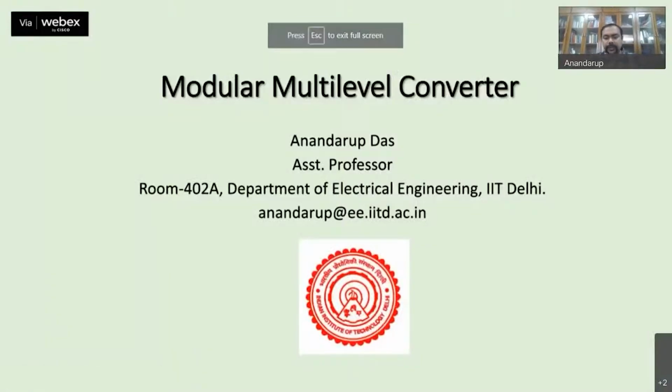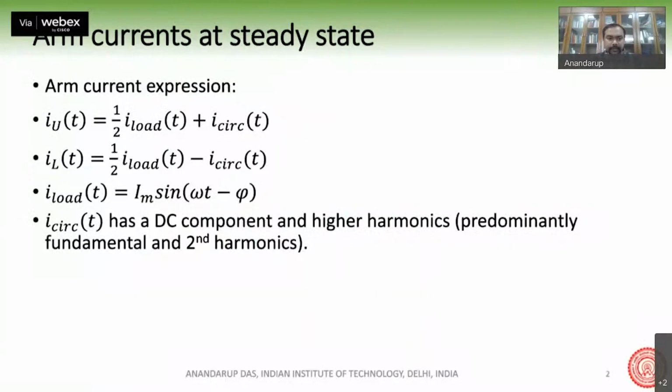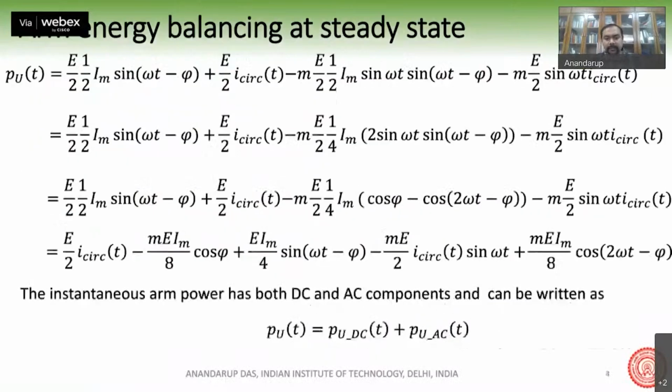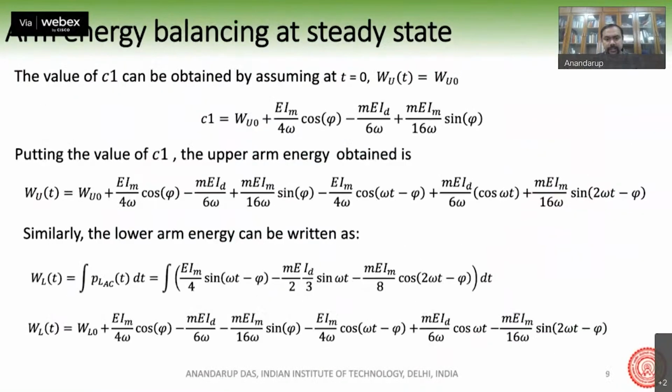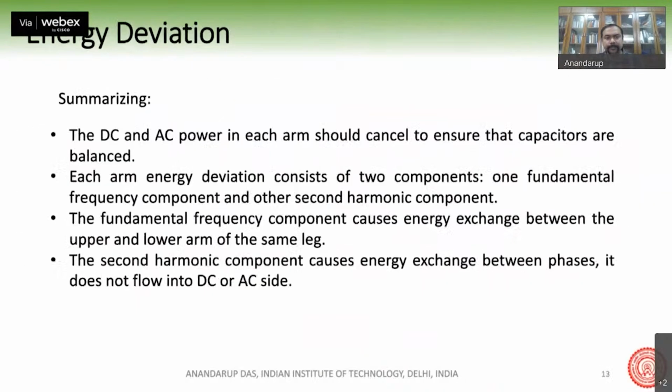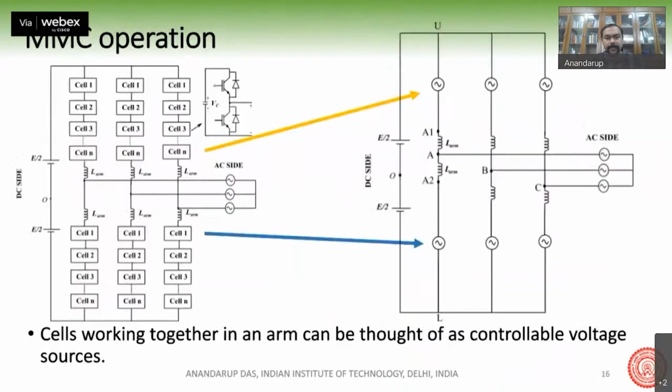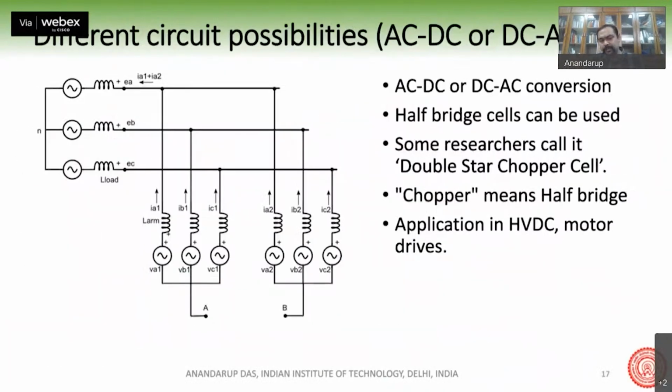So with this modular multilevel converter, MMC, you can find out this energy balancing, which we have already seen in the previous slide. And there are several possibilities, which is very interesting from a research point of view: how can you think of more possibilities out of MMC?